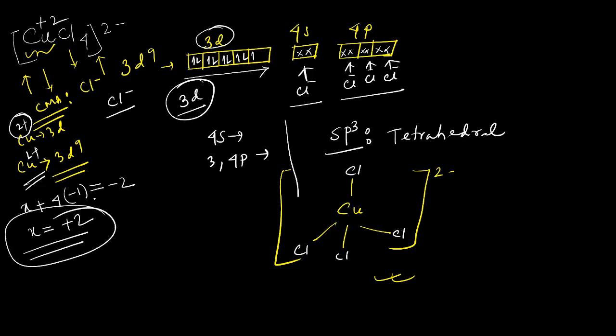This is how I have calculated the oxidation state of the central metal atom, and from this calculation I have known the hybridization of the central metal atom, and the hybridization is sp3, so it becomes tetrahedral. This CuCl4 2 minus complex ion has tetrahedral geometry or shape, right?